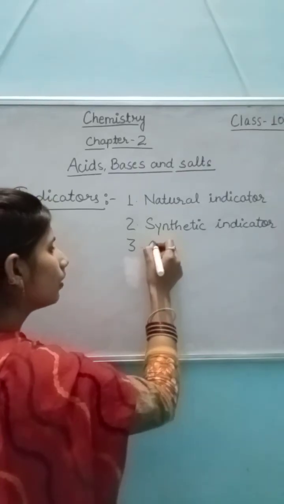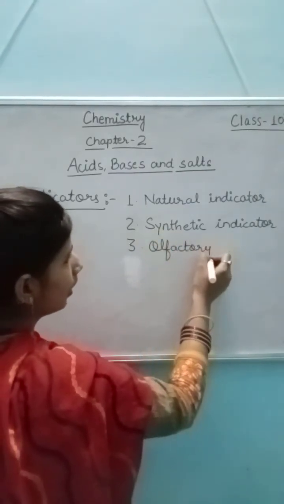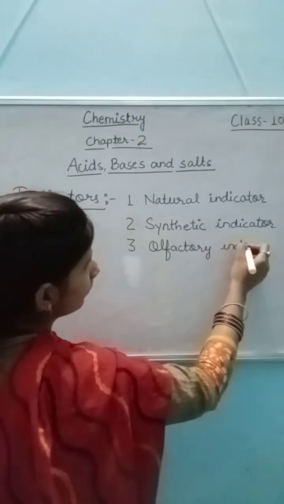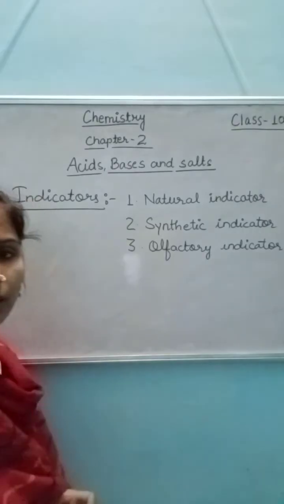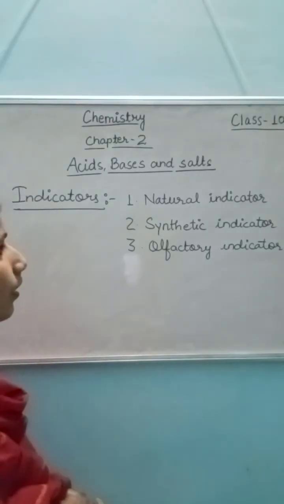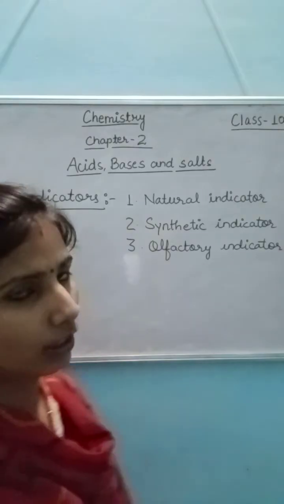And number 3, olfactory indicator. There are mainly three types of indicators: natural indicator, synthetic indicator and olfactory indicator.